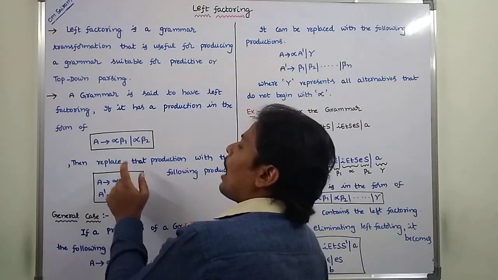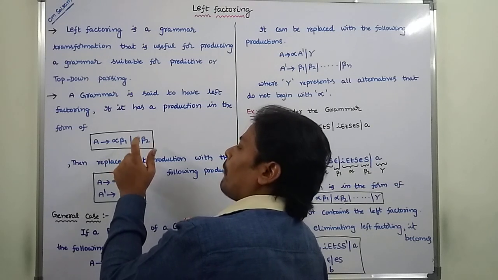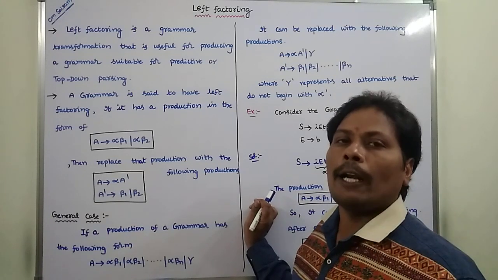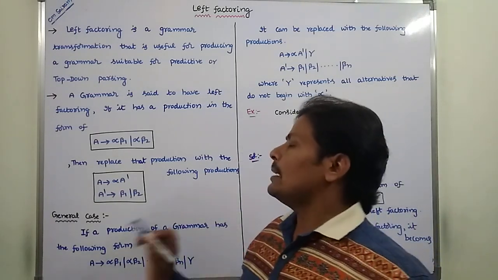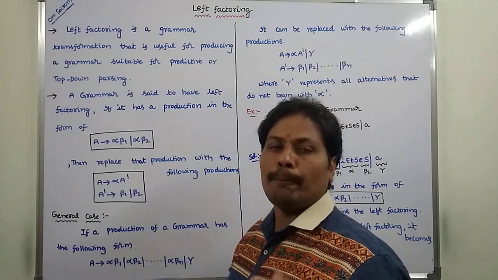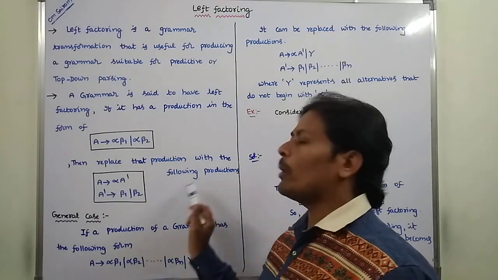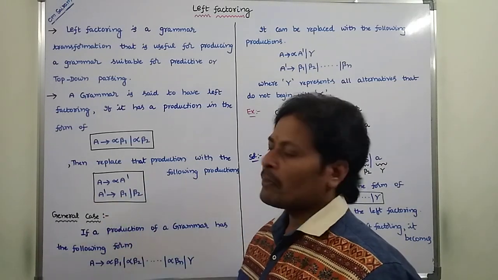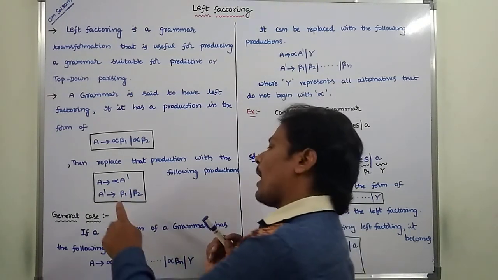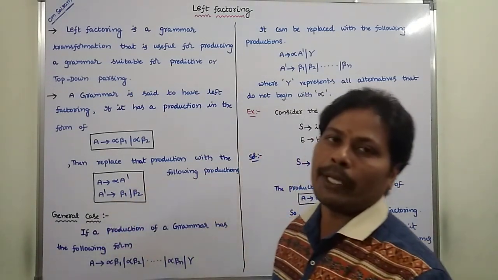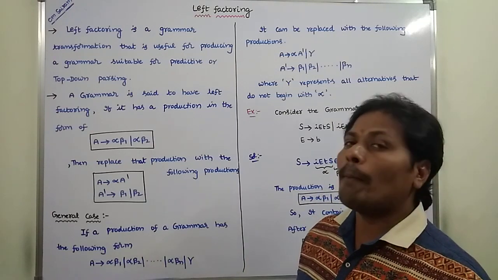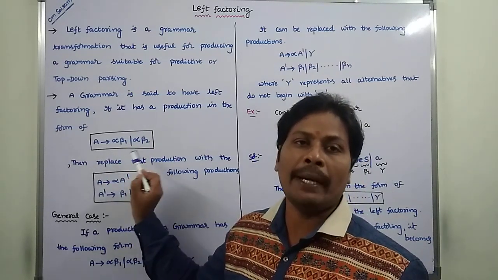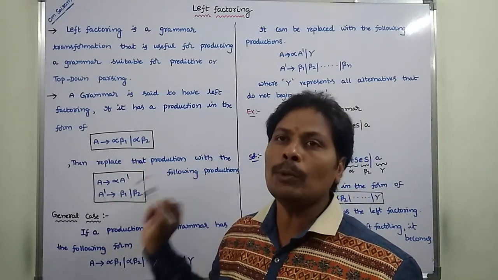Suppose the given grammar has a production in the form of A tends to alpha beta 1 or alpha beta 2.